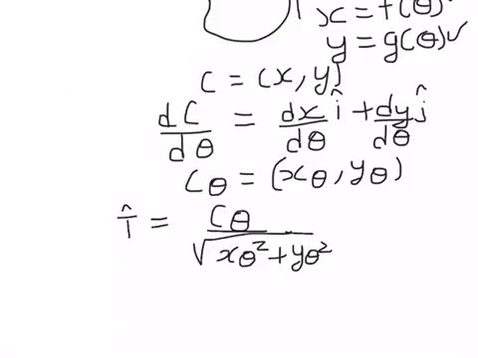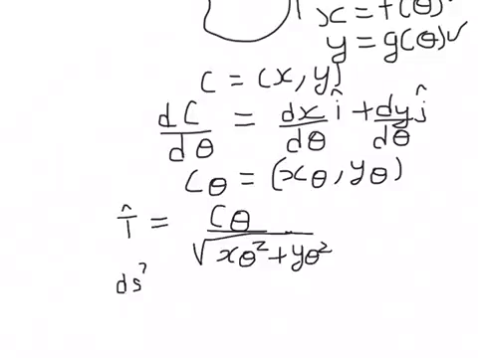Another way of looking at this is, instead of differentiating with respect to theta, we could have differentiated with respect to the arc length of the curve. The arc length is basically the length along the curve.